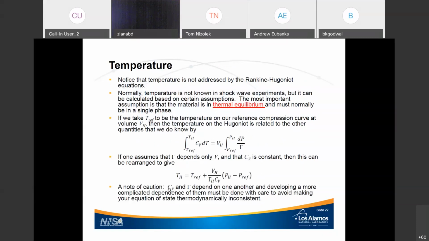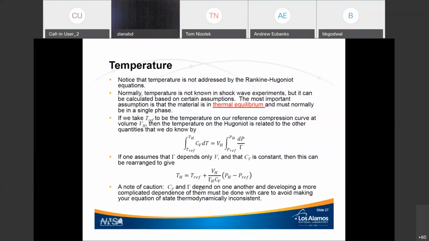Again, a note of caution: CV and gamma depend on one another in a fairly complicated way, and changing the behavior of one cannot be done without correspondingly and consistently changing the behavior of the other.